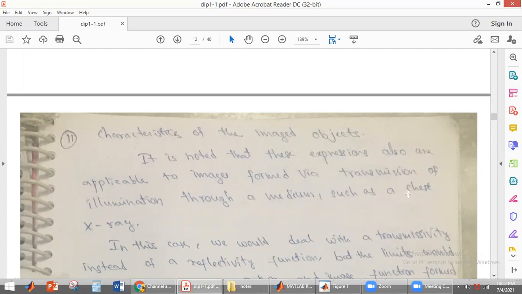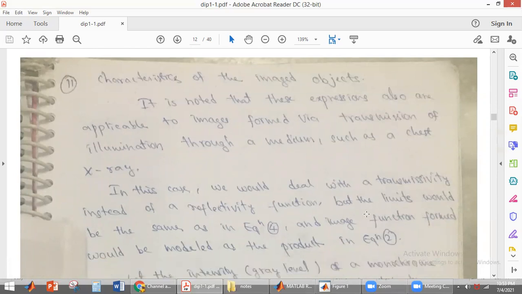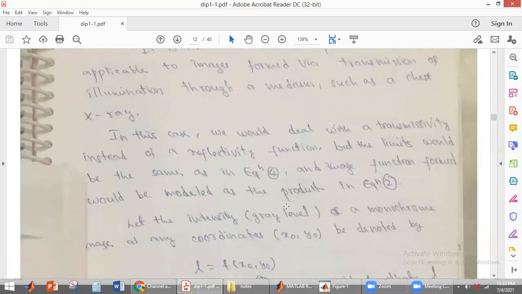For example, chest X-ray and CT images are obtained by transmitting the source illumination energy through the media. In the case of transmission, instead of a reflectance component, we have a transmittance component. The value ranges from 0 to 1, the same way as the reflectance value.